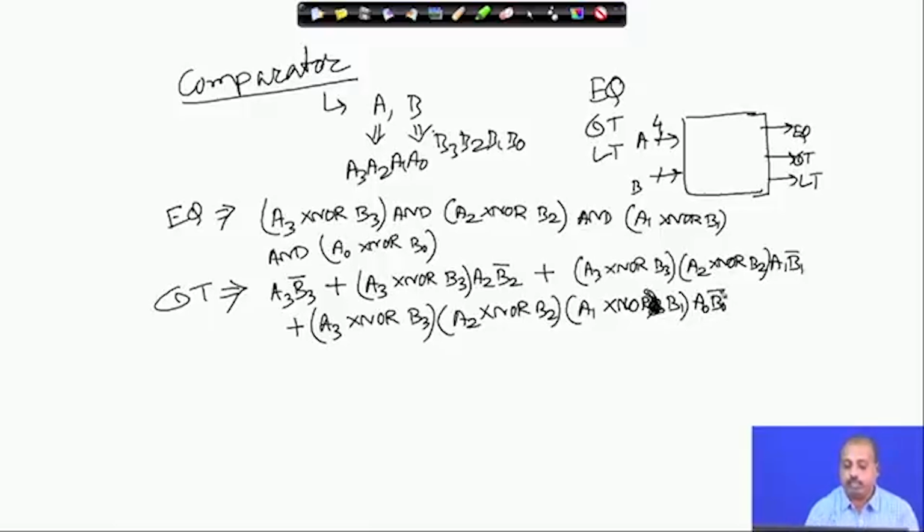These are the conditions for GT. This way you can write down the expression for less than as well, and realize it using the circuit. So, the comparator circuit can be designed in this fashion.